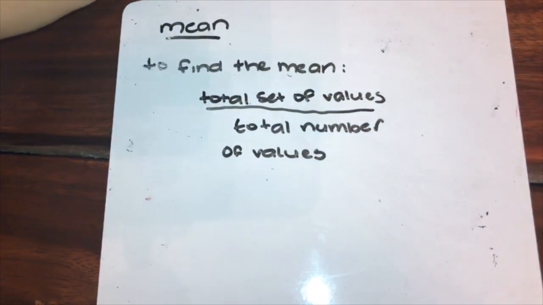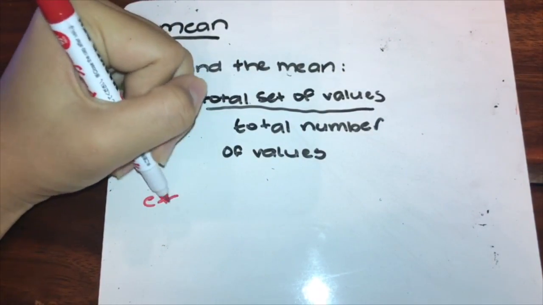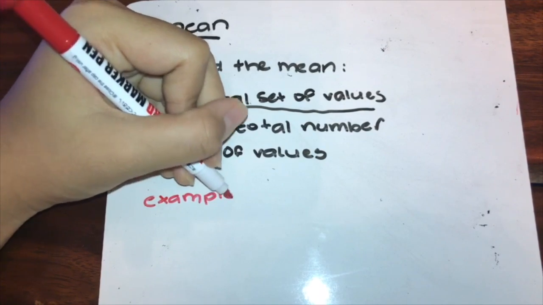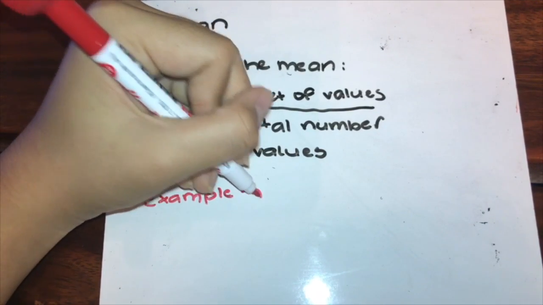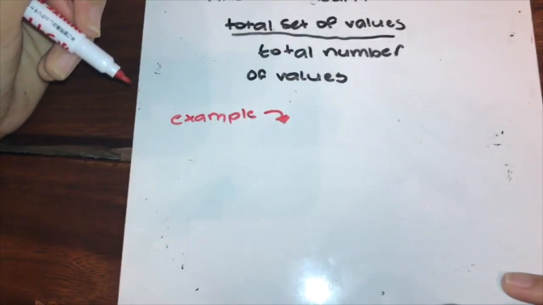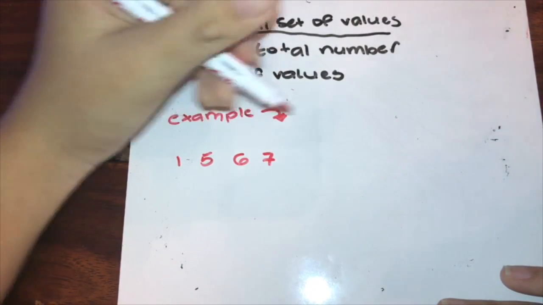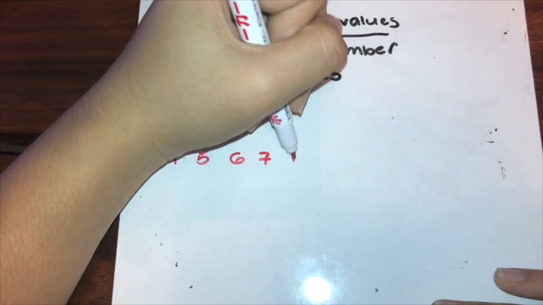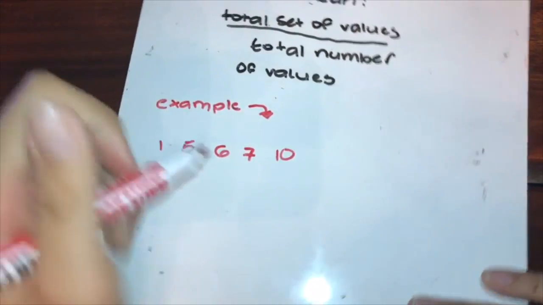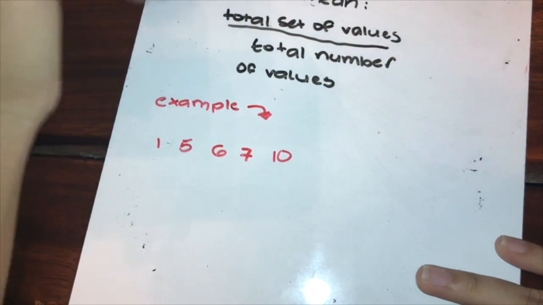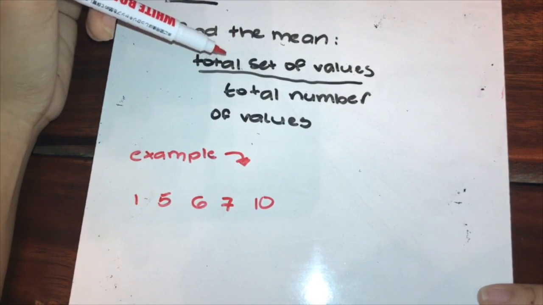So for example, 1, 5, 6, 7, and 10. The first thing you do is find the total.